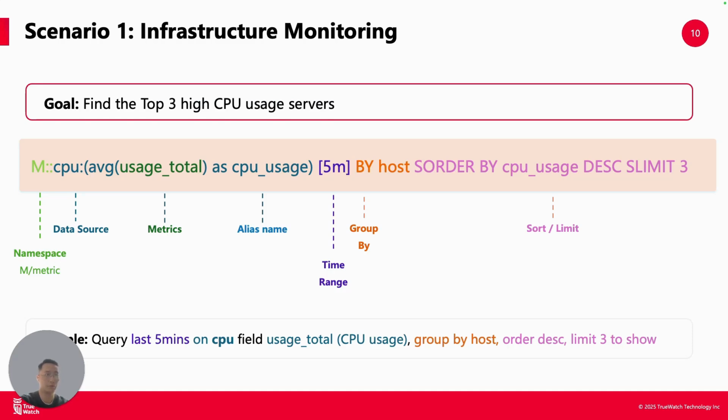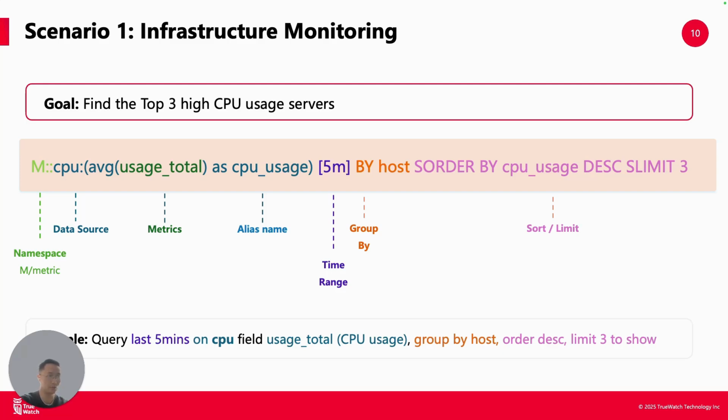Next we will show some scenarios in the real world of how to use DQL. The first one, as you can see, is infrastructure monitoring. Our goal is to find the top 3 high CPU usage servers. From the query structure, you can see it starts from m, which means we will query metrics, and the follow is cpu, which is a data set.